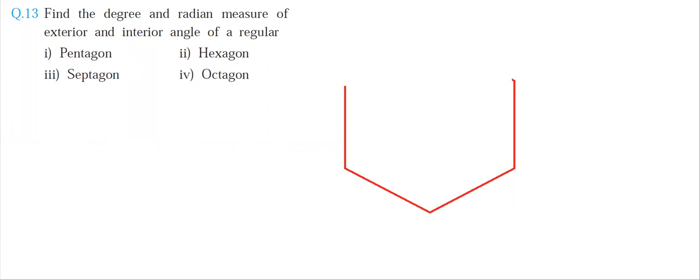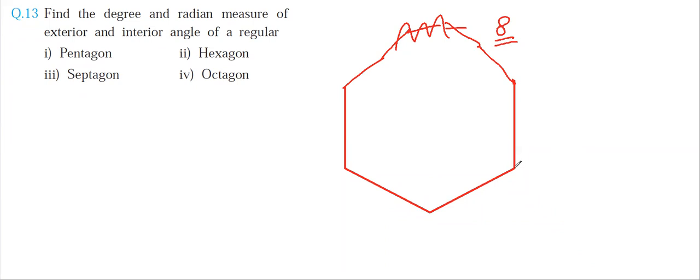So I will just make it rough, like this, 1 2 3 4 5 6, and then something like that. Total number of sides is 8 in case of octagon.